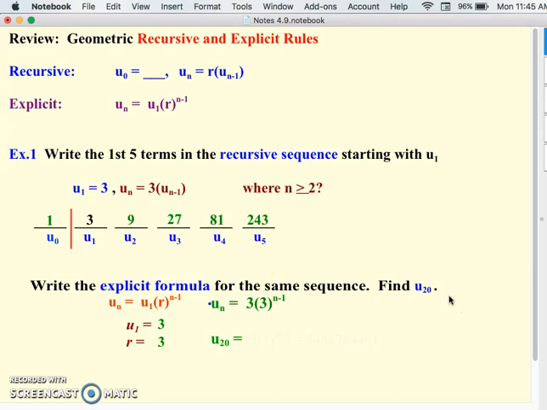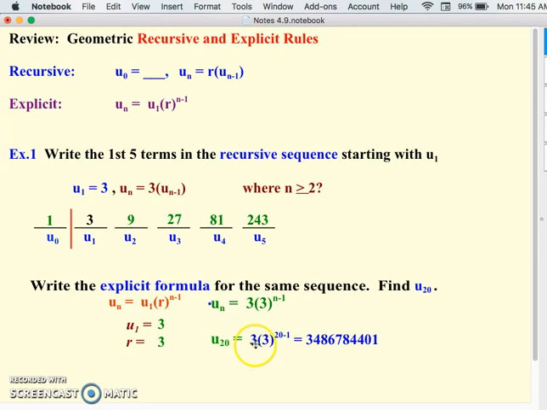Well, like we said yesterday, we don't want to list out 20 terms recursively one at a time, then go back and say, all right, I got my 20th term and there's my answer. We want to have a shortcut. Explicit rules are always a shortcut. They allow you to plug in the number you're trying to find. The term's position in the sequence is what you evaluate at. Now here when we go to plug in, your n goes in up here as an exponent.